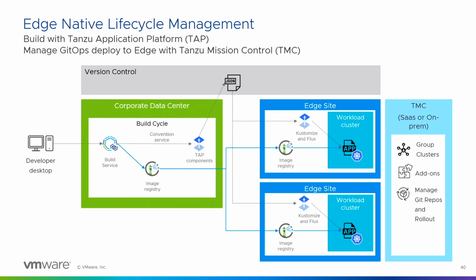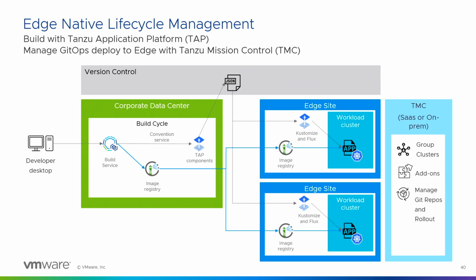That happens with Tanzu Application Platform, and then we manage the GitOps process, which is driven by Flux CD, a very lightweight GitOps engine that can run in your edge clusters. We manage that through Tanzu Mission Control. So that's where the two sides, app platform and mission control, come together for edge: in your GitOps Git repo and delivering that out to your edge sites.